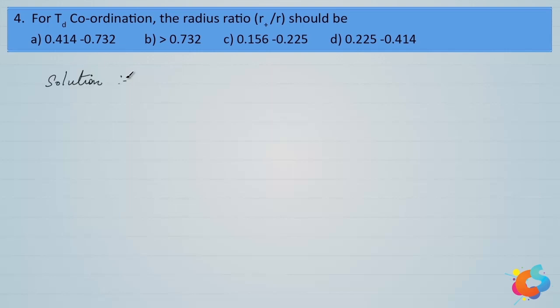The solution is, we all know that for tetrahedral coordination, the radius ratio, that is R plus divided by R minus, should be between 0.225 to 0.414. And therefore, the right option is option D.